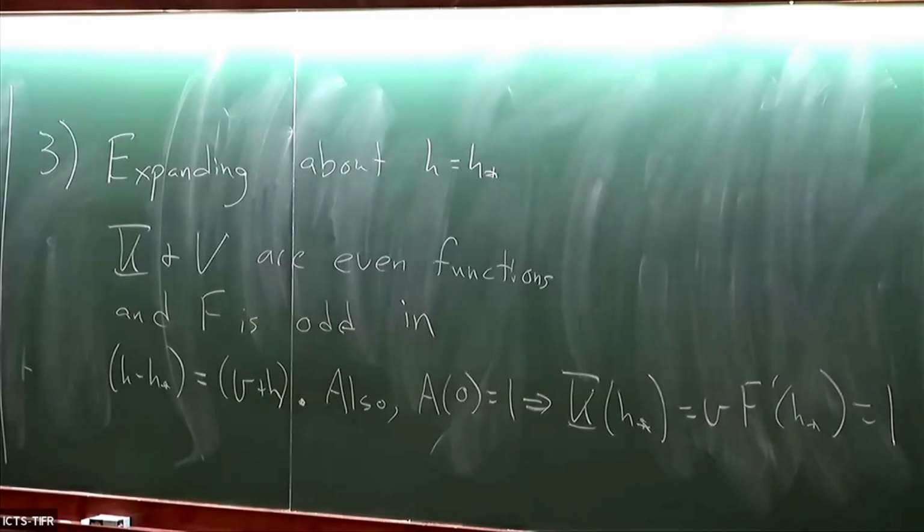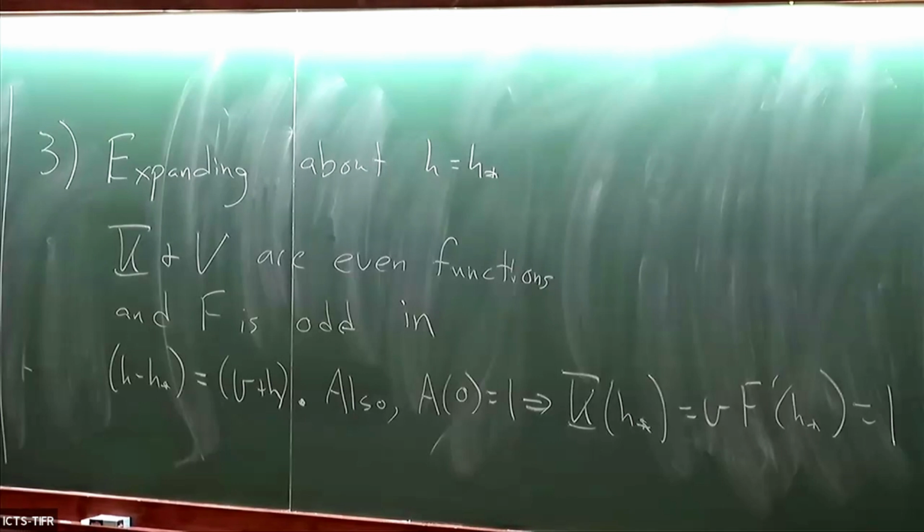Okay. And this even and odd property, for the potential, it should be pretty obvious because the SMEFT potential is a polynomial in gauge invariant, or in this case, global symmetry invariant quantities, magnitude of h squared.